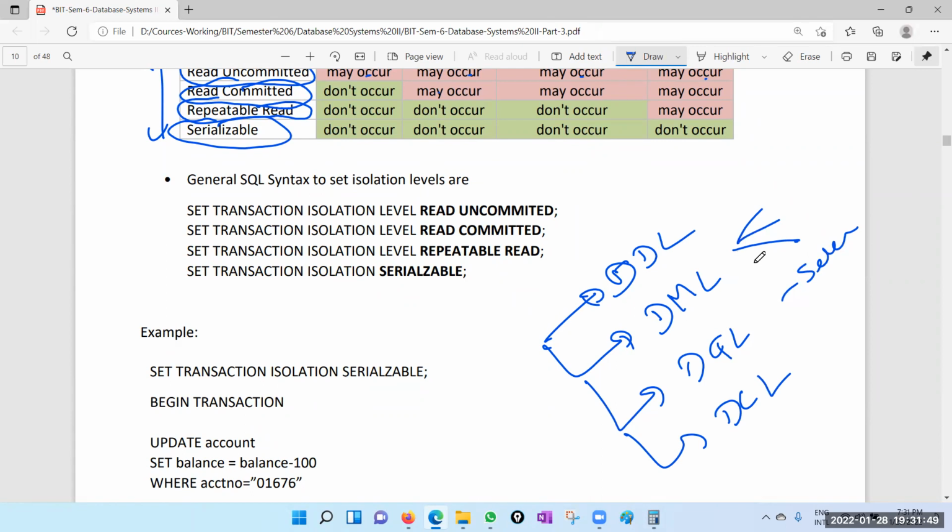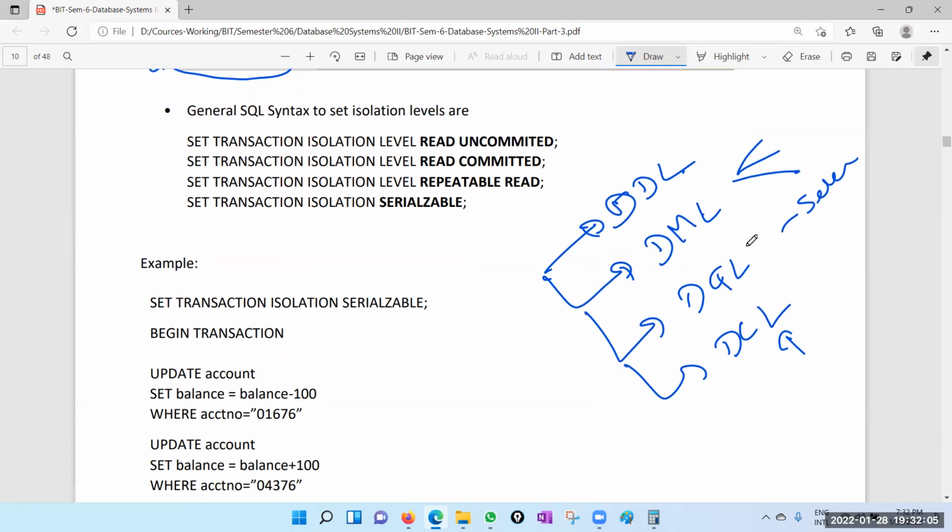So we have covered all 4 in your database 1. So the 5th aspect of SQL is transaction control language, TCL. These 4 you have done in your level 1: DDL, DML, DQL, and DCL. And this is what we are going to learn here: transaction control language. That is all about how the transactions are handled.